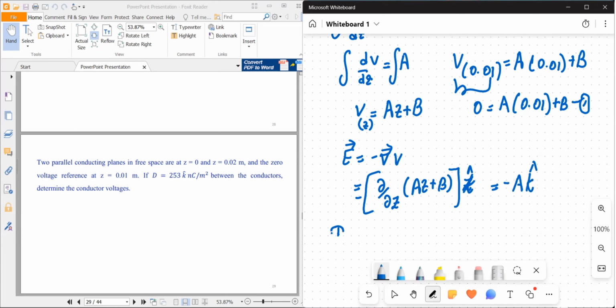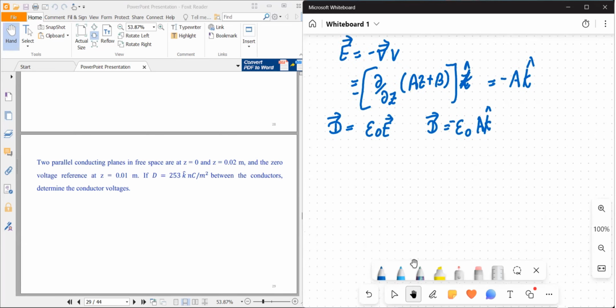Then electric displacement field D is equal to epsilon naught times E. Then D is equal to epsilon naught times minus A k. Now here we know the value for electric displacement field.